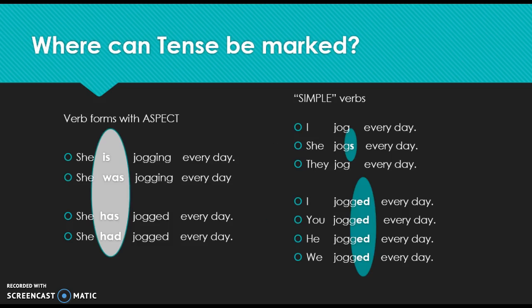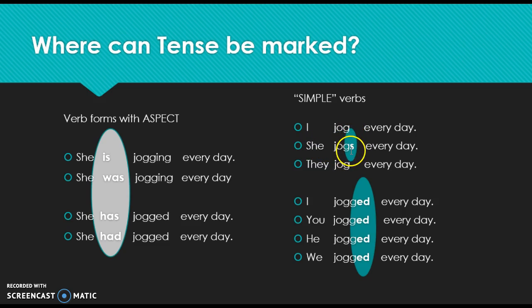Now, where can tense be marked? We saw that verbs with aspect, the tense is marked on the auxiliary, but on the simple verbs, we see two patterns, really, and they're both on suffixes. For some, it's marked only for third person singular.